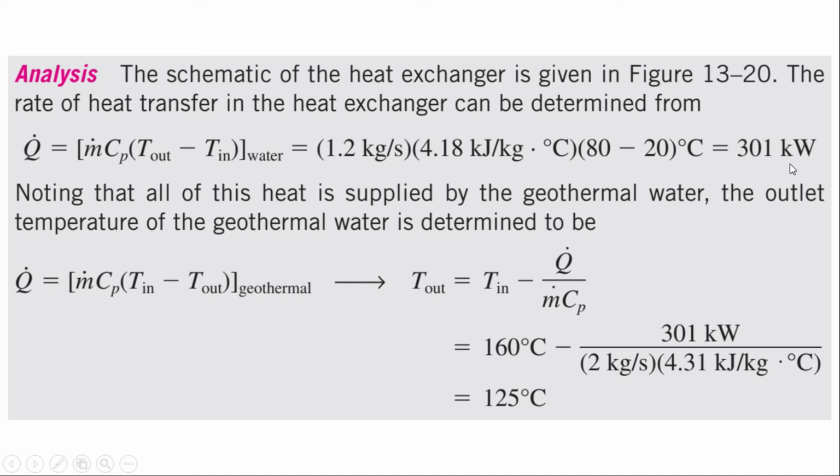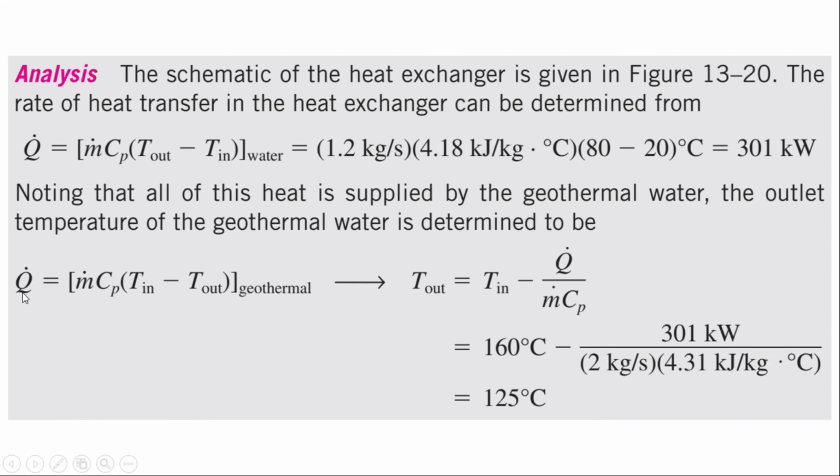Noting that all of this is the amount of heat which is supplied by the hot fluid, similarly we apply the similar formula for the hot fluid. For the hot fluid we apply the heat transfer rate, the mass flow rate, the specific heat, and the inlet and outlet temperatures. The outlet temperature is not given. The inlet temperature of the hot fluid stream is given, the specific heat we took from the literature, and the mass flow rate is given in the question statement.